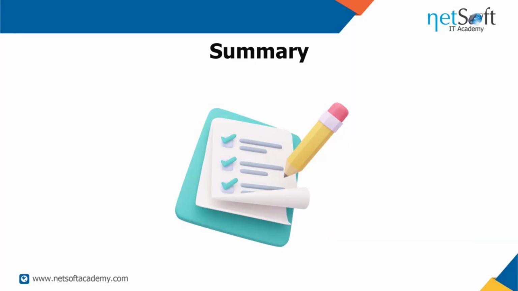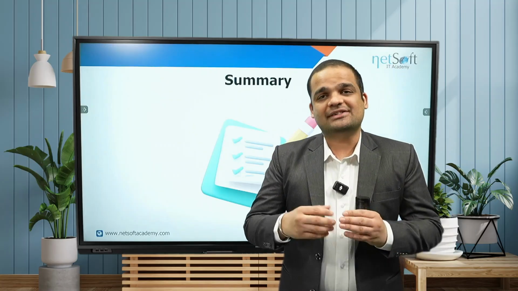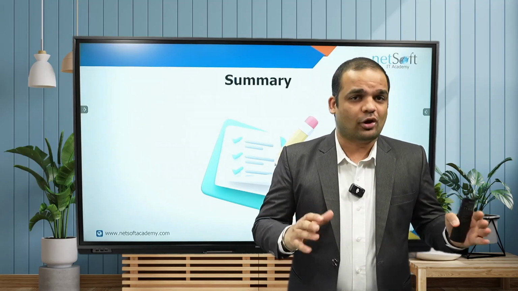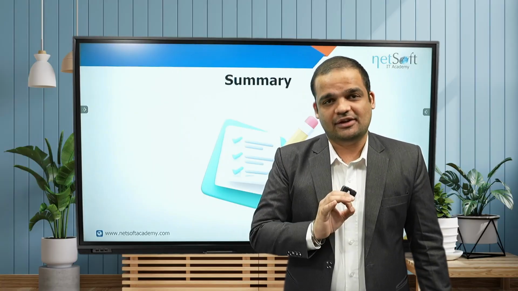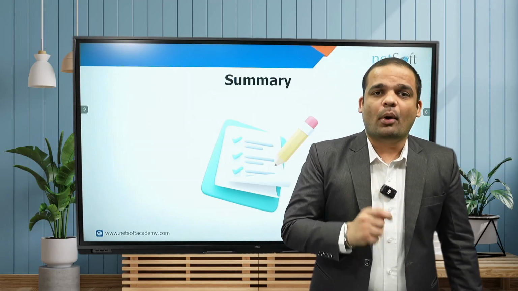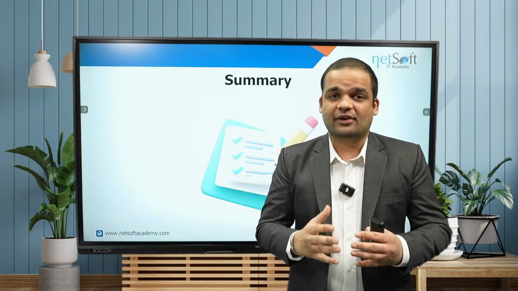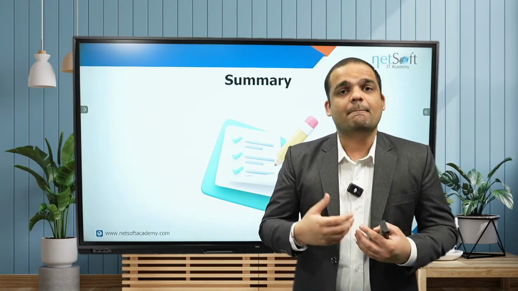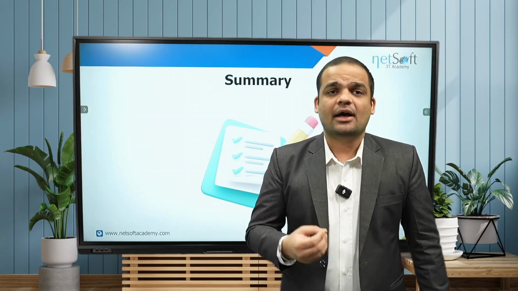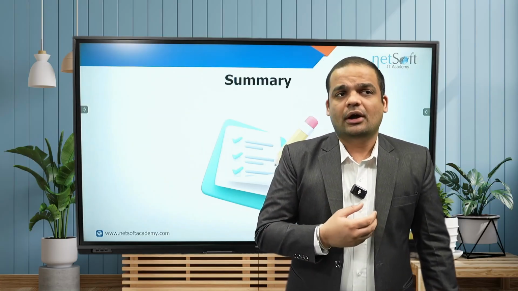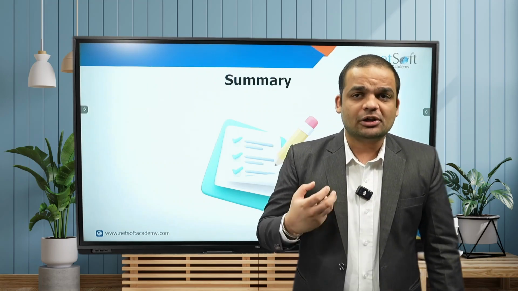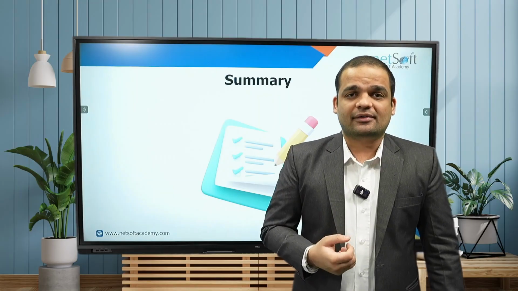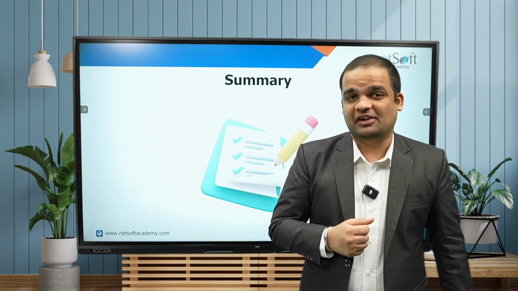Now, to summarize this episode, I will say that VM scale set allows you to scale your VMs automatically based on demand, ensuring high availability and cost efficiency. Azure Monitor provides performance metrics like CPU usage, memory utilization, and disk input-output speeds, or I will say throughput. This will help you to track your virtual machine health and address any performance issues proactively.